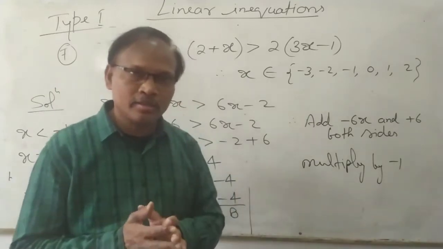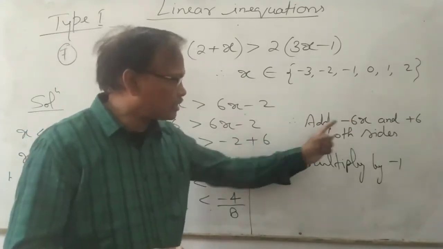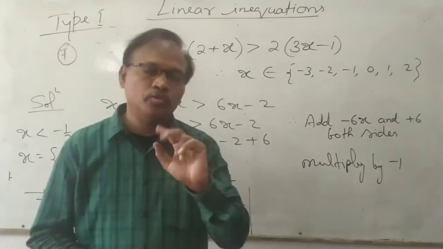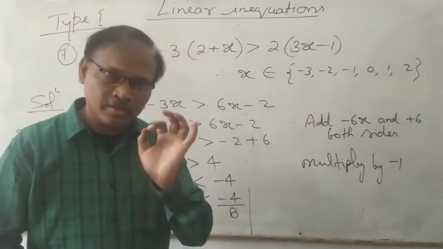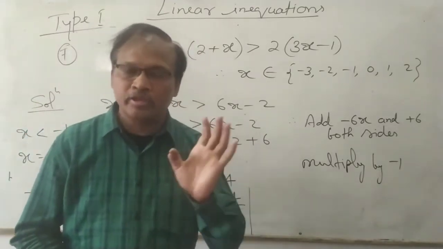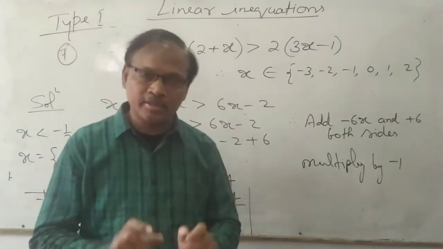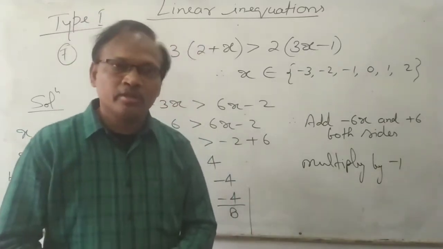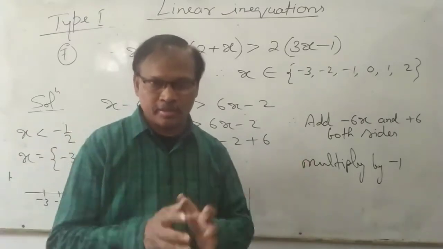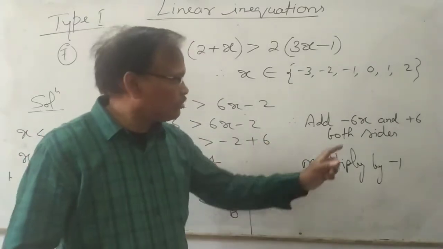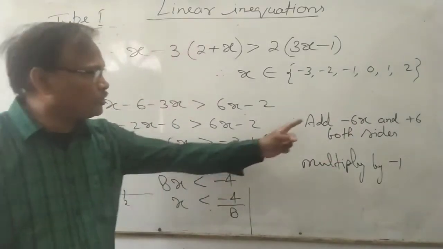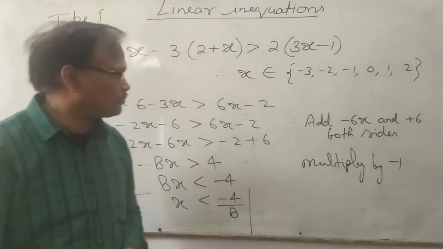But क्या is it possible that you add minus 6x only in this side? No. Always in equation and in inequation, if you are adding, subtracting, multiplying, dividing, you must do in both the sides, in all the sides. So minus 6x है, तो you add minus 6x both the sides.